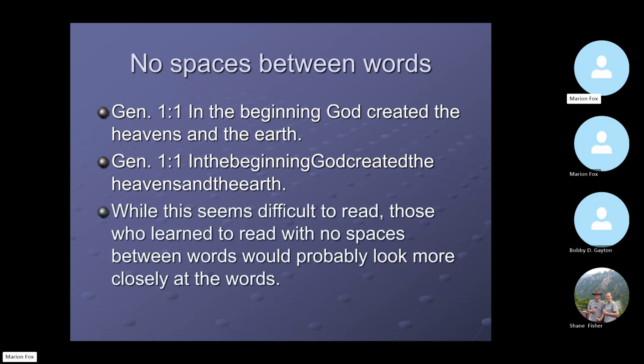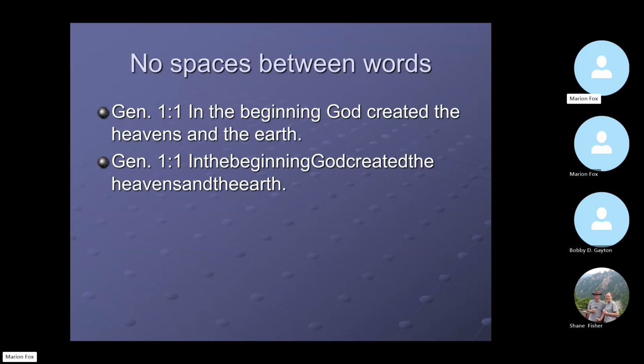See, if you broke it right here with the break between the S and the N in heavens, that could be "heaven sand, the earth," okay? And so you could have a different word. And of course, we know what it reads up here because we have spaces. So that could be kind of confusing. So the fact that they had different endings for 5 of the Hebrew words would tell them that the word ended at that point.